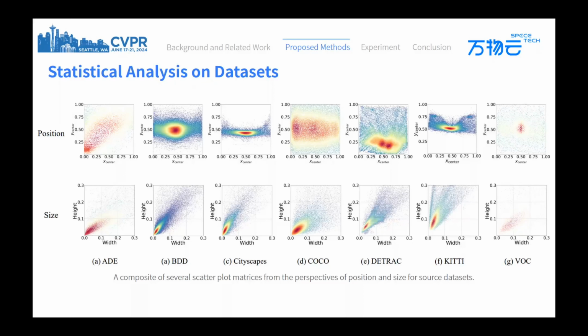Based on this analysis, we can see that COCO dataset exhibit a well-balanced distribution, and this is a key reason why we narrow the range and select COCO as our primary source for training data.